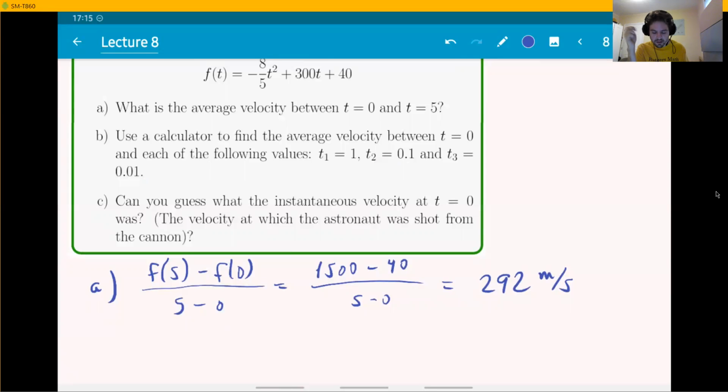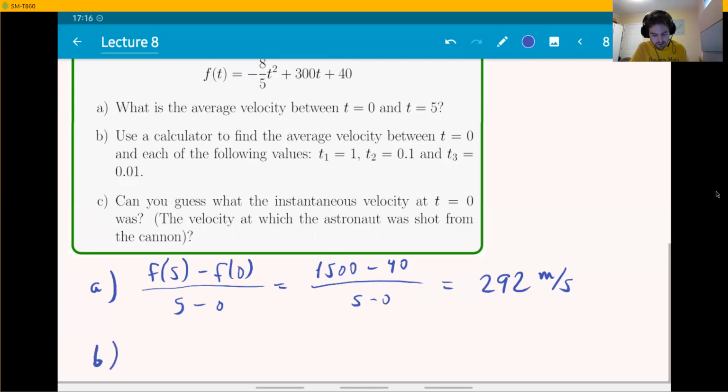What do you expect is going to happen here? You should probably expect that the average velocity is increasing, because the closer you are to the initial moment where the cannon is shooting you, the faster you are. Because, well, as time passes, you're going up, but you're getting slower with time if you are this astronaut.